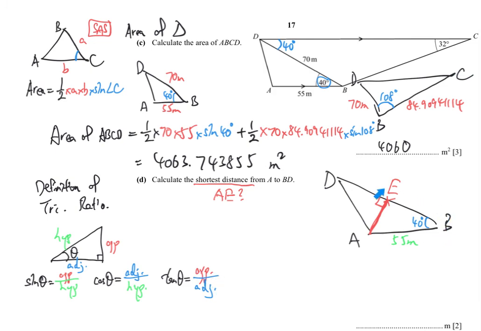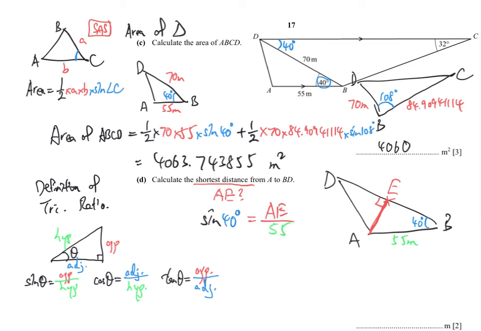So here, let's think about the triangle ABE. If you want to calculate AE, this is the opposite side to the 40 degrees. And then we have the hypotenuse, and the theta, of course. So the opposite side and the hypotenuse make a sine theta. So you use sine 40 degrees, where theta is 40 degrees, equals AE divided by the hypotenuse 55.